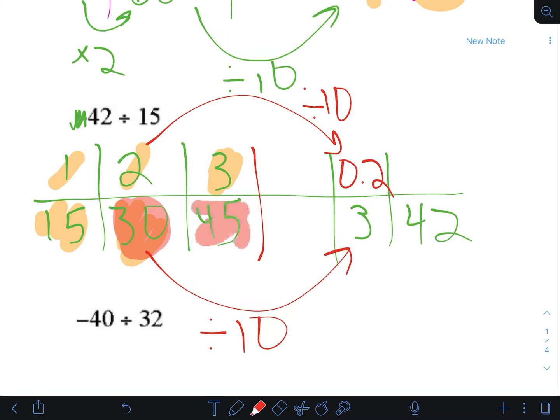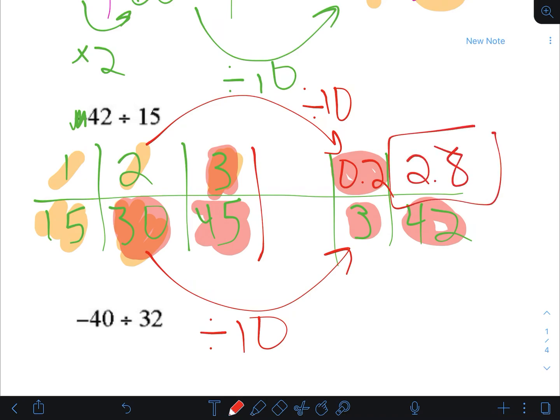So 45 minus 3 is 42. 3 minus 0.2, you can pause it if you want to do the math, 2.8. And it was a negative, so it's a negative 2.8.